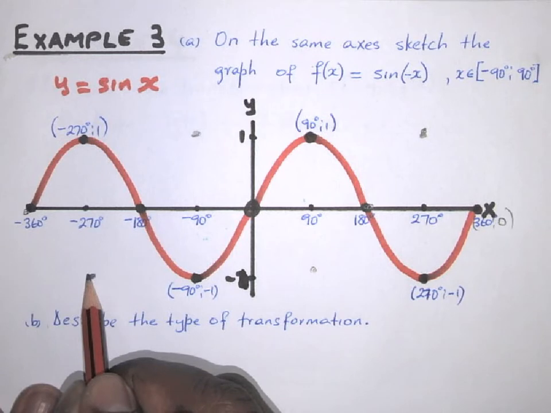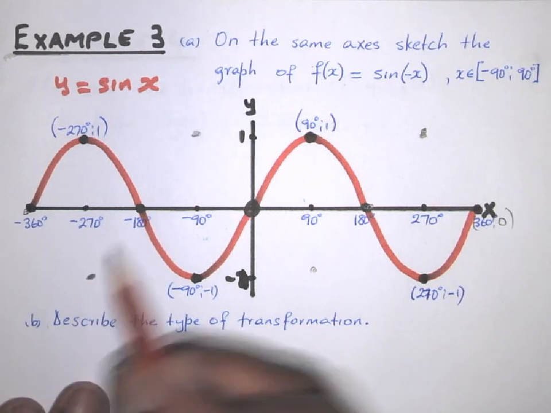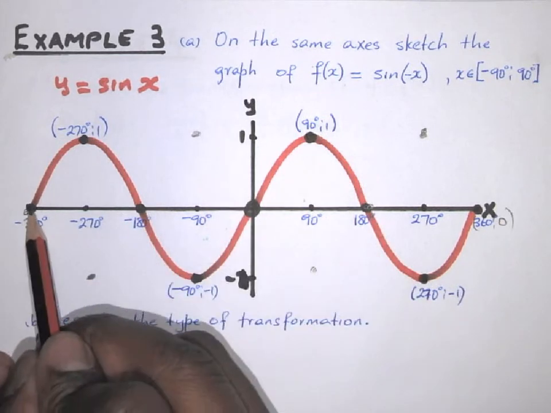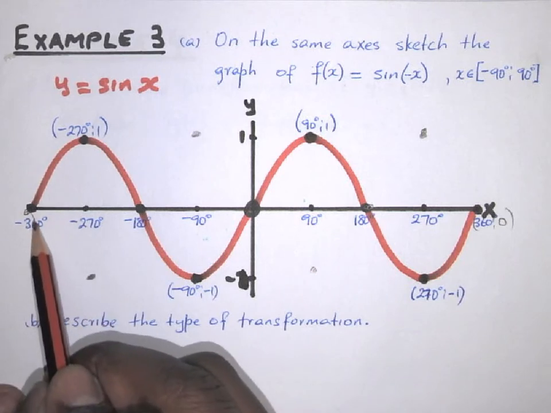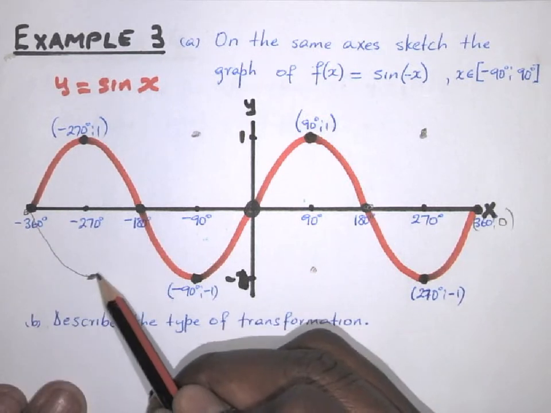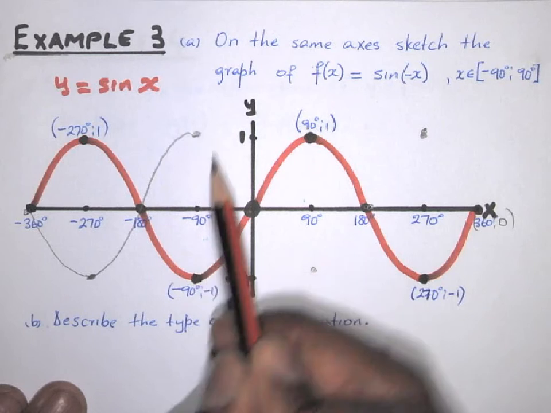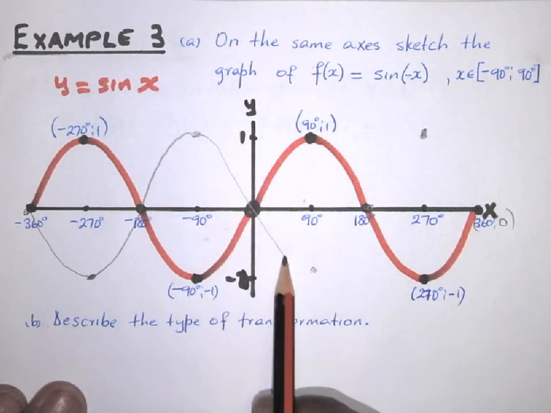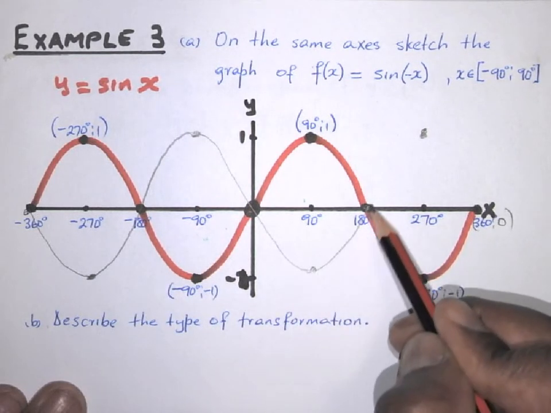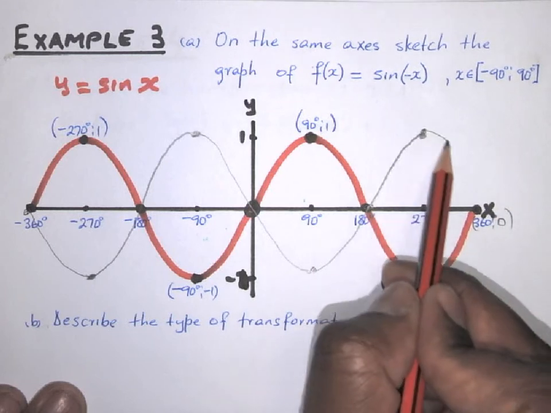I just jumped around here to make things easier. But if you look at the points now that we have, we've got this point here joining that, and then going like that, and that going there.